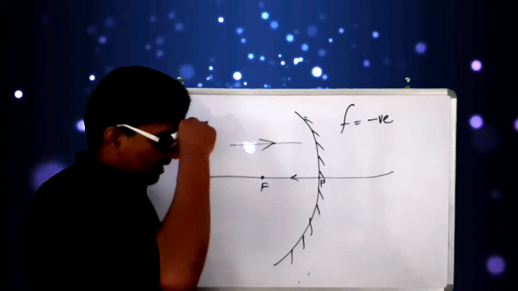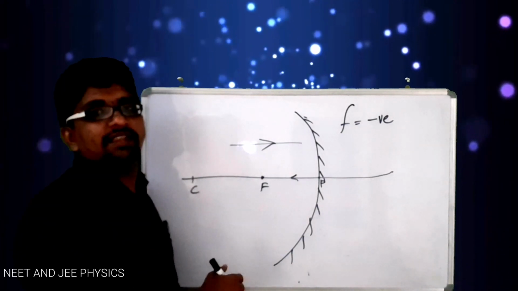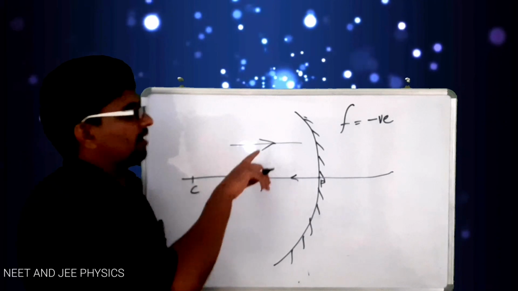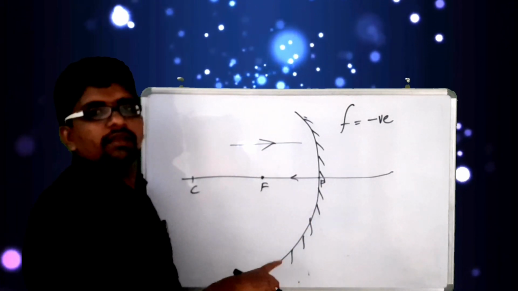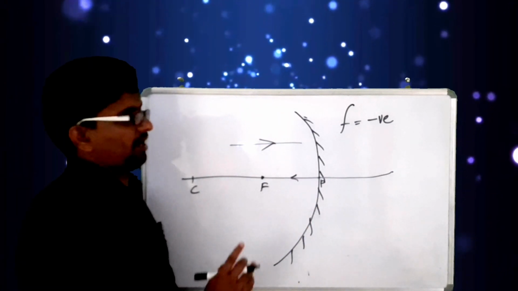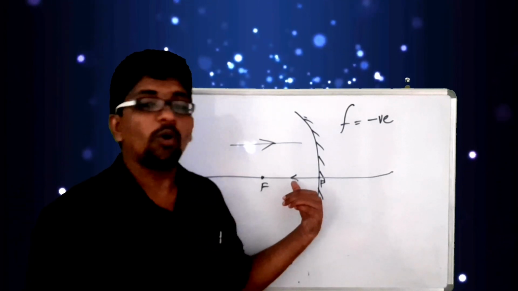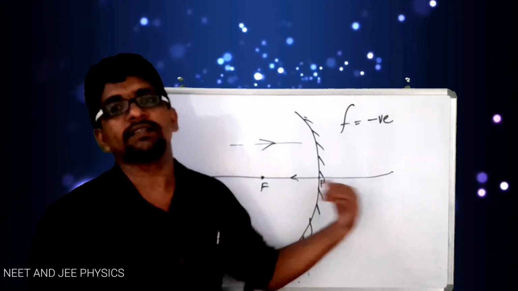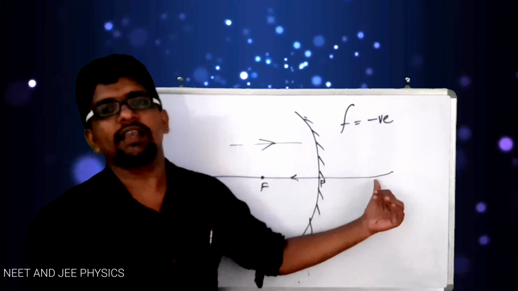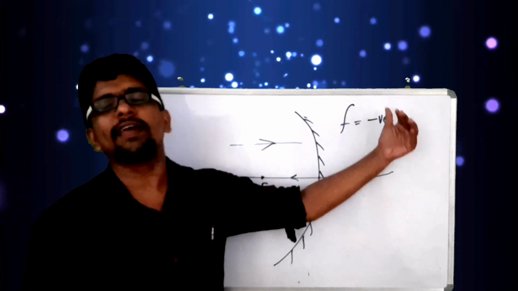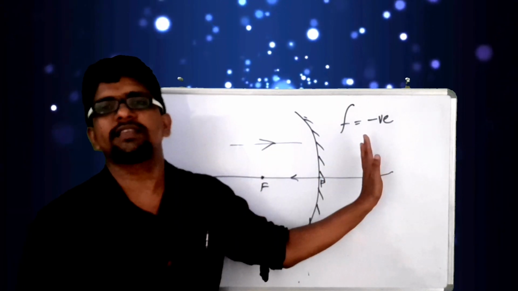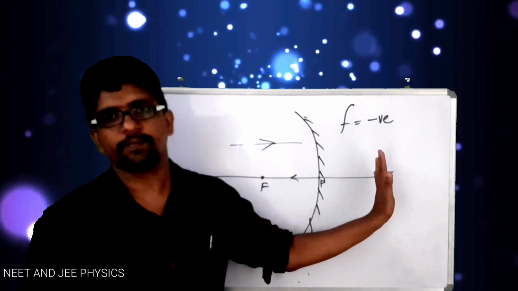Similarly, the object distance, image distance and focal length of a concave mirror are negative. But if we place the object between focus and pole, we will get the image here. At that time only, the image distance becomes positive.